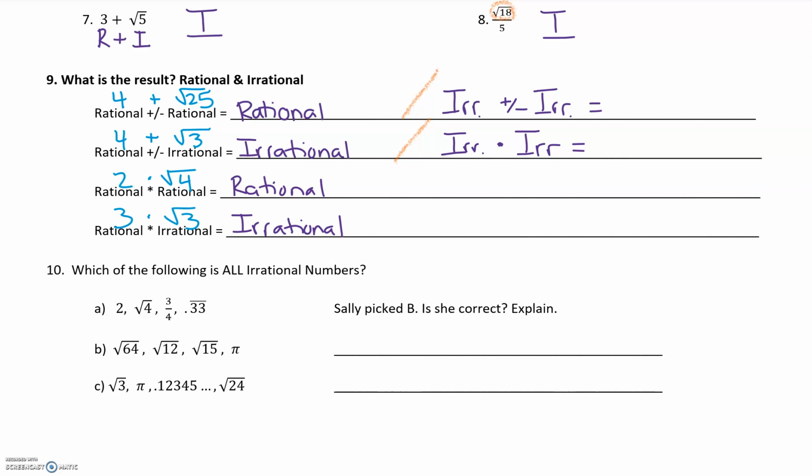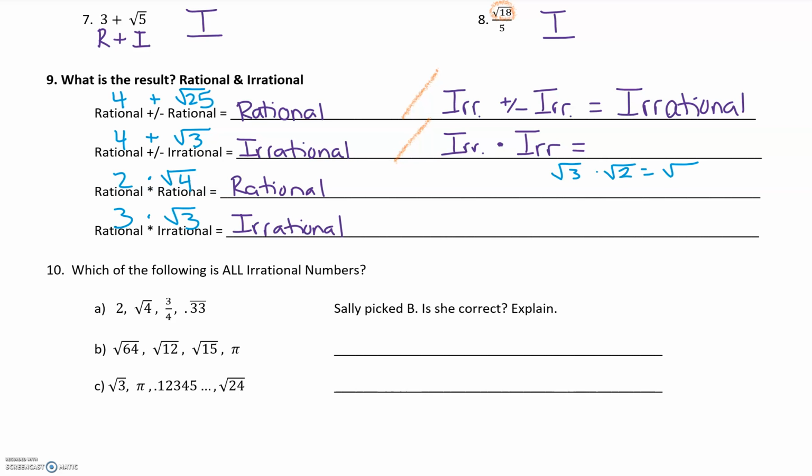Let's add these 2 up to the right. So we're going to add irrational plus or minus irrational. If we have an irrational plus or minus another irrational, this is going to be irrational. And then probably the next one is my favorite one. It's if we have an irrational times an irrational. Now I'm going to write this one out so you guys can see why it's my favorite. Let's take the square root of 3 times the square root of 2.